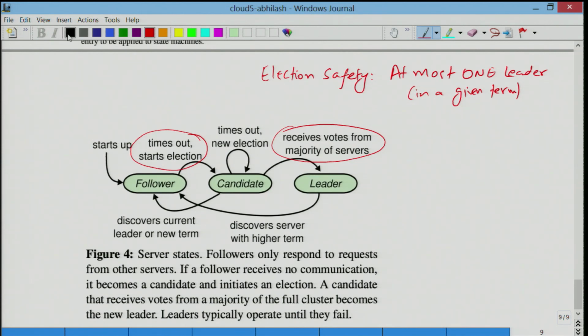So if we have two leaders, the two leaders might both accept entries from client into the log at the same log index, right? And they may try to replicate both of them, and we want to disallow letting both of them form majorities. So we only want a single leader in a given term. Only a single leader is able to form majority, and only a single leader is talking to clients inside a term.